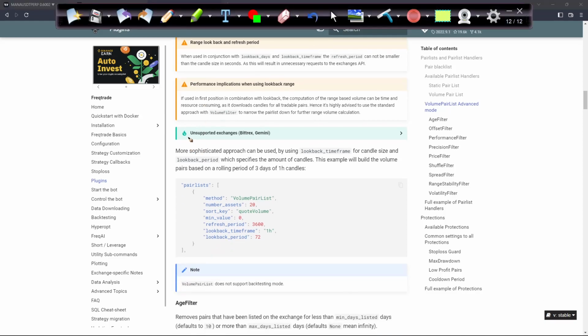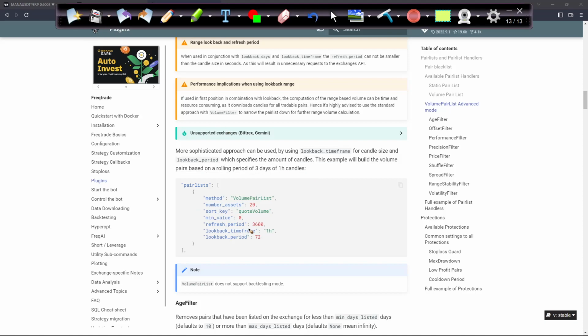Now, what we have is unsupported exchanges, Bittrex and Gemini. A more sophisticated approach can be used by using lookback time frame for candle size and lookback period, which specifies the amount of candles. This example will build the volume pairs based on a rolling period of 3 days of 1 hour candles.